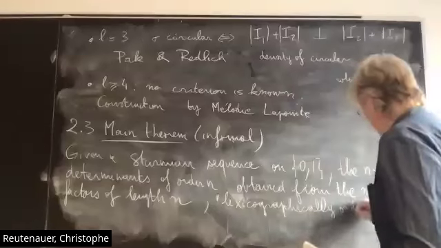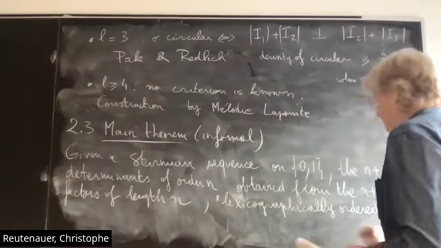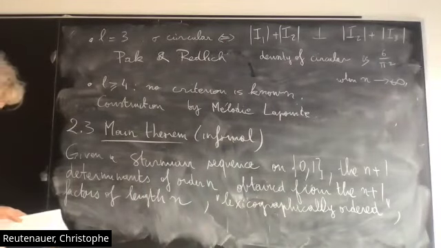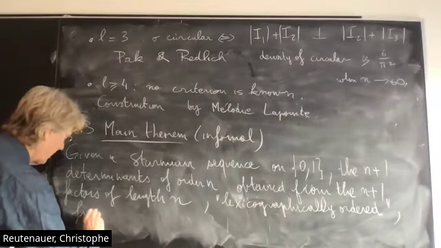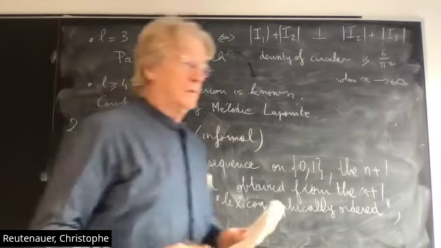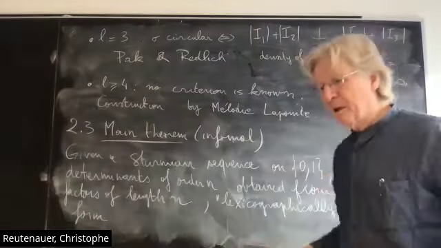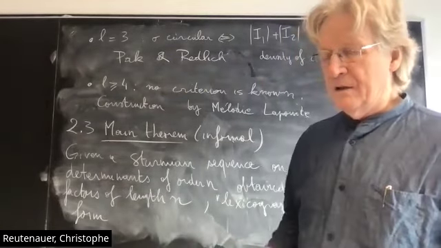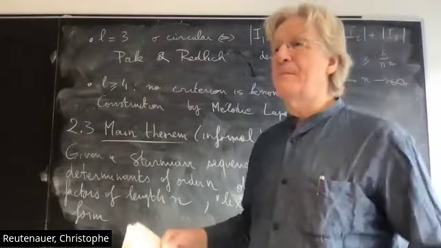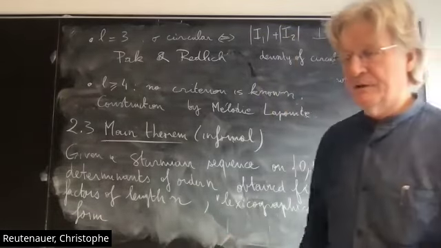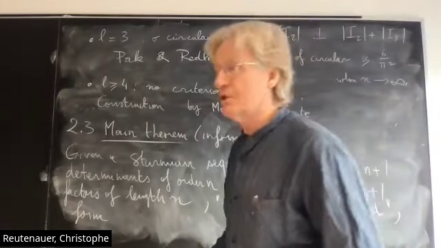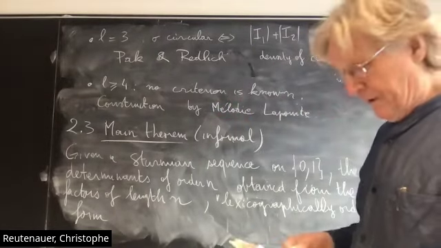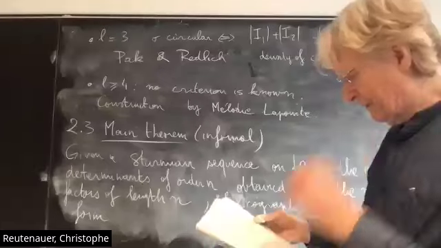This should be explained more precisely, but I don't want to give it now. So we choose length n, we have n plus 1 factors, and choosing n of them, we have a determinant, and we have n plus 1 choices, and this gives us a vector of length n plus 1.